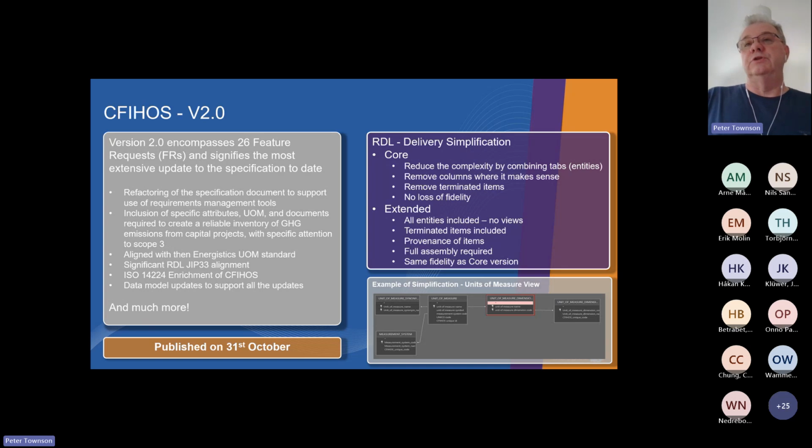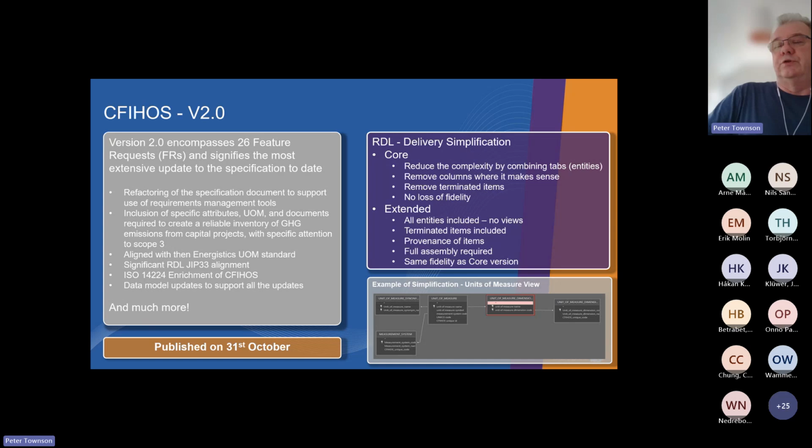In that simplification, though, within the core version, what we have done is we've removed all the terminated items. So if you use the core, you won't see any terminated items, whereas if you want to see the terminated items, you would need to use the extended version. And also within the extended version, you've got the provenance of all the items that were within CFIHOS. CFIHOS really is a standard of standards.